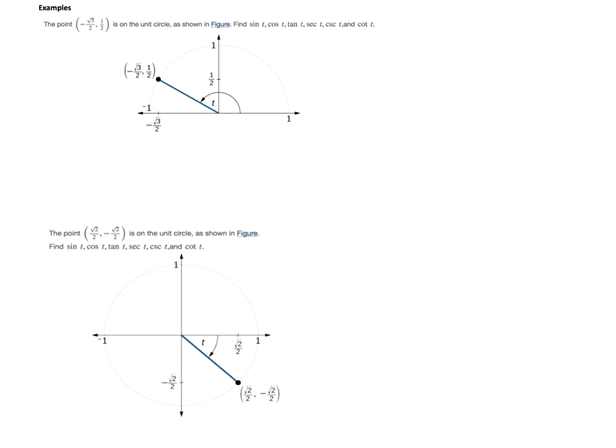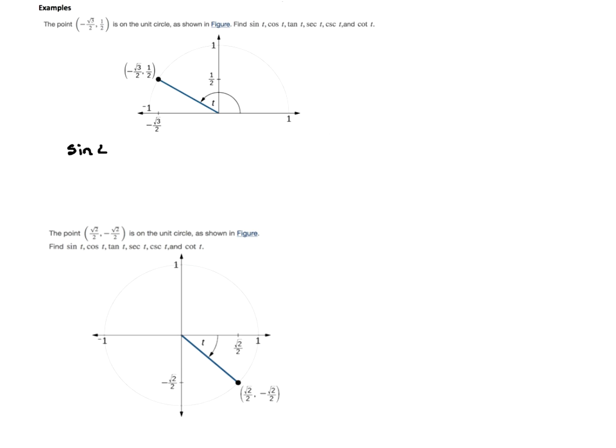Okay, so the first thing we're asked to do here is to find the 6 trig functions for the angle t, and they even give you the corresponding coordinates of the point on the unit circle that angle t lands at with its terminal side. So I'm just going to set up my 6 trig functions here, and I like to keep my trig functions and their reciprocal functions across from each other.